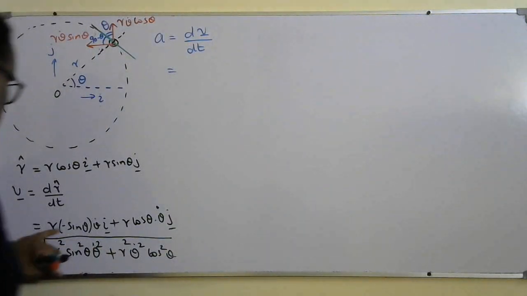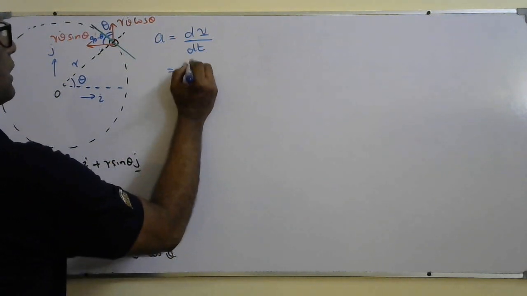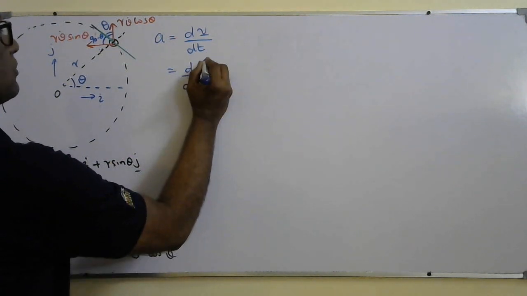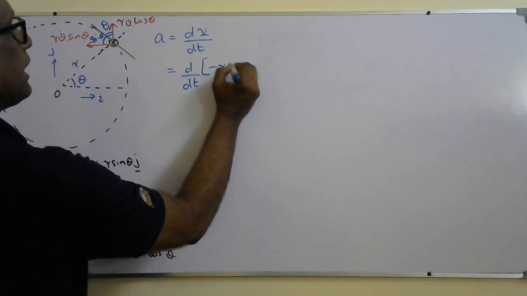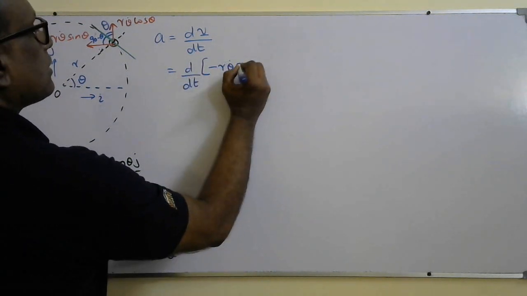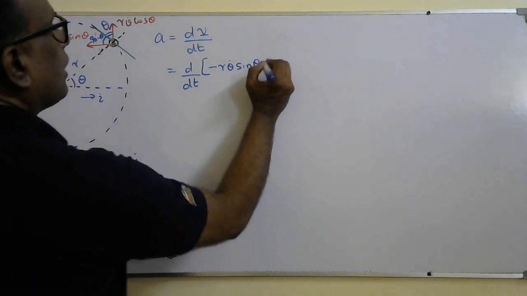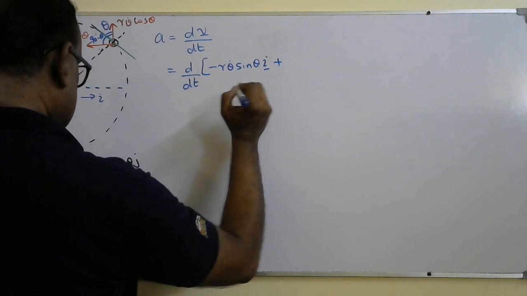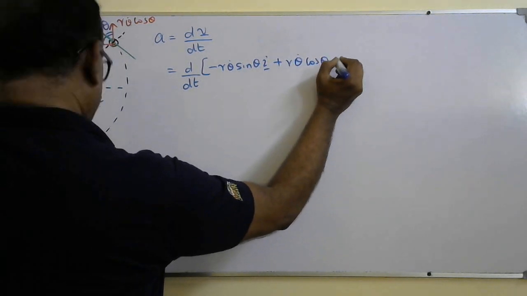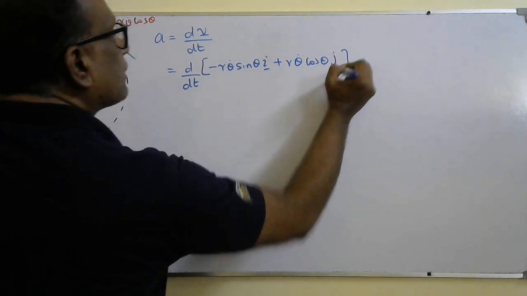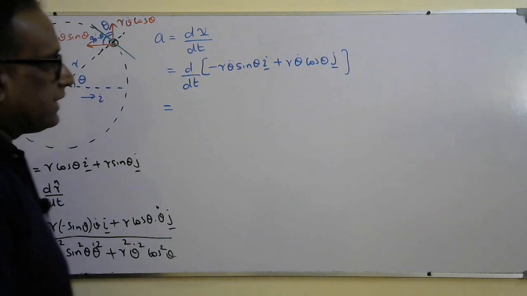So velocity, we know, that is d over dt of minus r theta dot sine theta i plus r theta dot cos theta j, that is acceleration. Okay, we'll differentiate here.